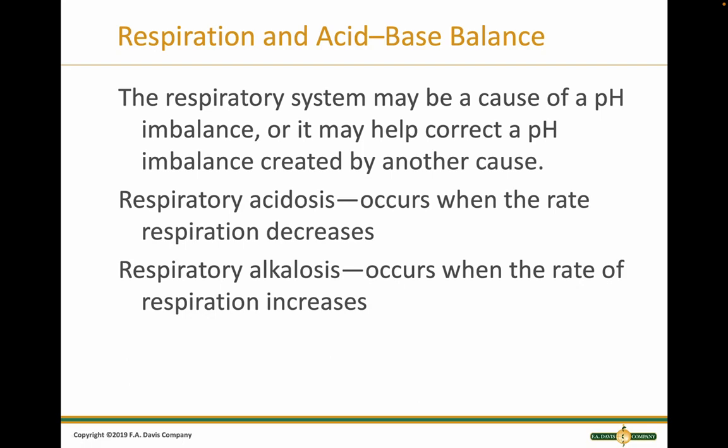So is the blood pH lower, which would be acidotic or acidosis, or is the blood pH higher, which is alkalosis? And then we ask what system it is due to. For this chapter, we're just talking about the respiratory system.